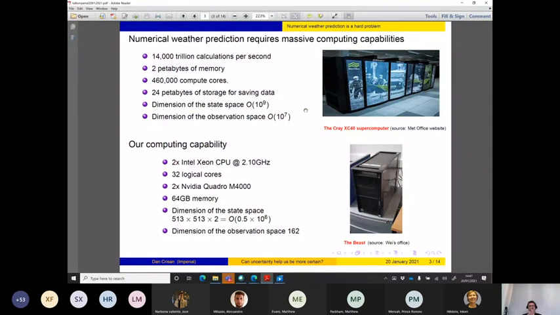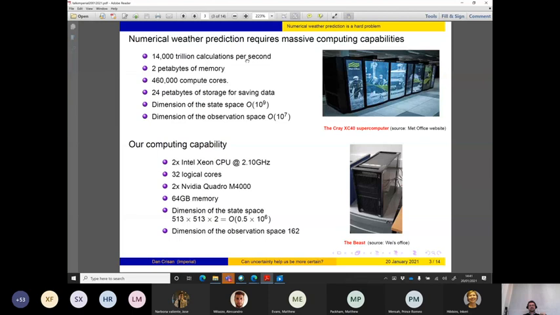So yes, there is a connection, and in order to make these connections, you need massive computational capabilities. And you may not know this, but just to give you an idea of how much computational capability is required to get these forecasts, I have here the details of the Cray XC40 supercomputer that is used by the Met Office to produce forecasts.